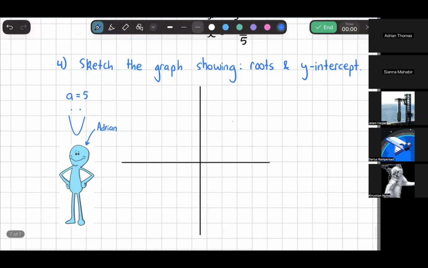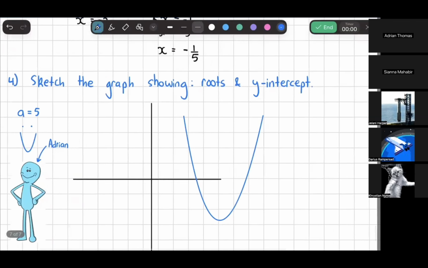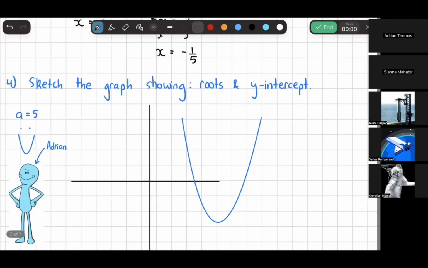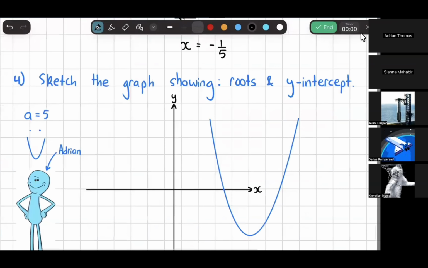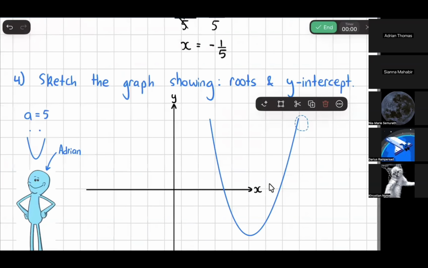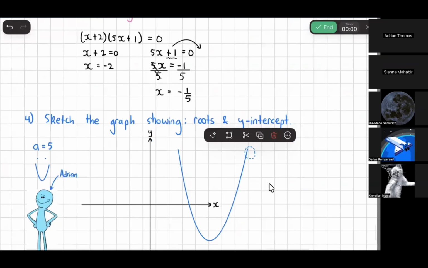So, Adrian, we understand that my graph is going to look like this for sure. But we need to figure out where we're going to place it. And Nia, I'm looking at you now. Nia, you there? Okay, so Nia, when you look at the values for where the graph is cutting the x-axis, where's the graph cutting the x-axis?